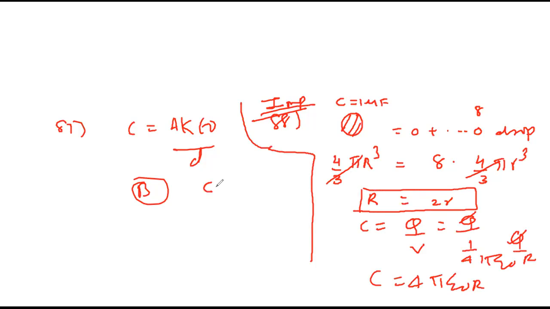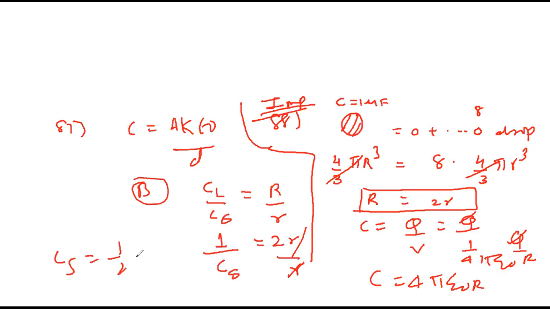So C of large upon C of small is radius of large upon radius of small. C of large is given 1 microfarad. C of smaller you want. Capital R is 2r. Upon this r cancel. So C of small is 1 upon 2 microfarad. Very beautiful sum. Copy.